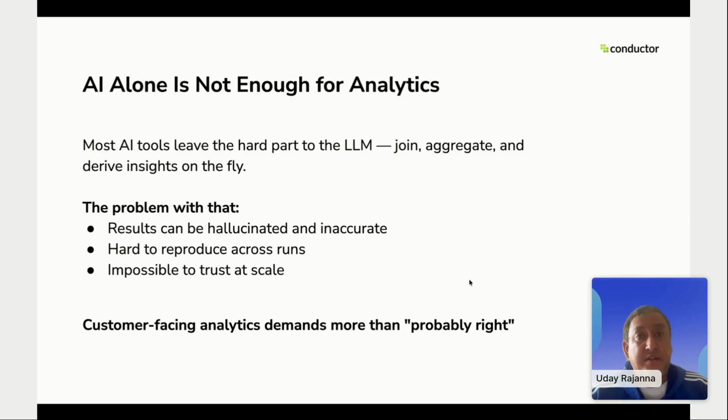Even if you feed a ton of context metadata, if you get it right 8 out of 10 times, and twice it's wrong, you lose trust with customers and customer-facing analytics specifically. You can't be "we're mostly right." You have to be right all the time, right? So for precision data analytics, AI alone is not enough for such use cases.